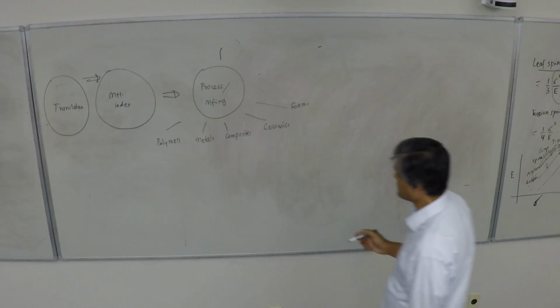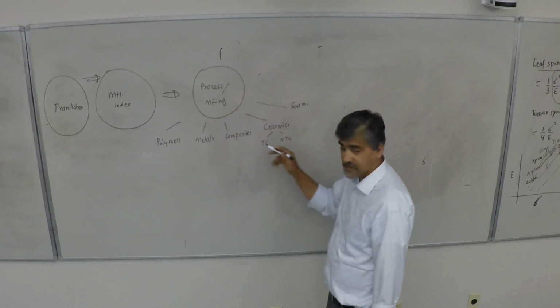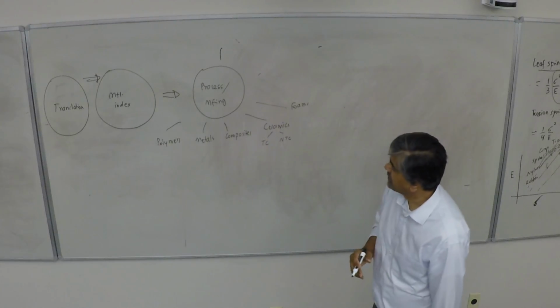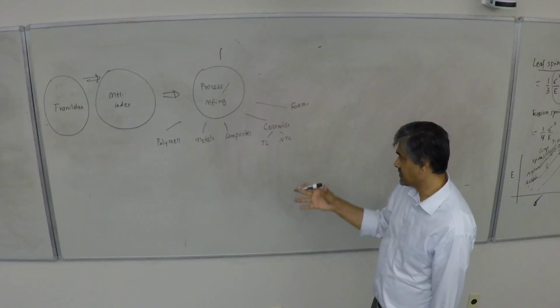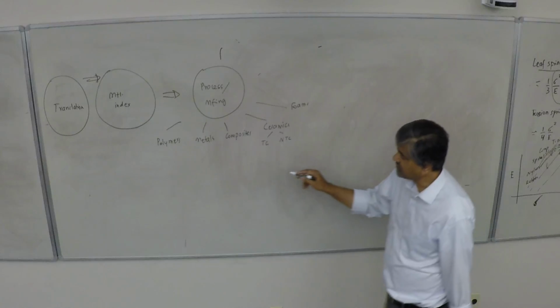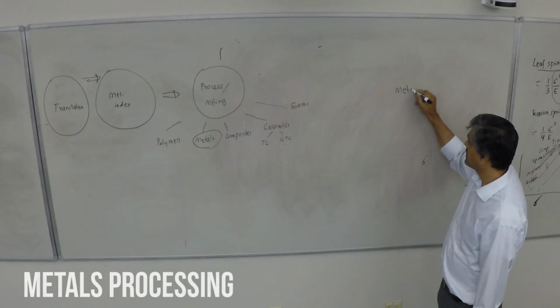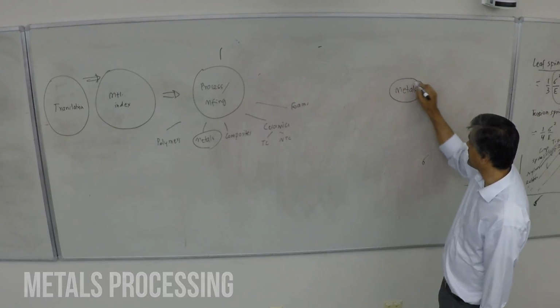In ceramics, of course, they further go into technical ceramics and non-technical ceramics and so on. But you could go crazy with this chart alone, so let's look at just one aspect. I'm just looking at metals as an example here, and I'm just going to recap what we have discussed before.